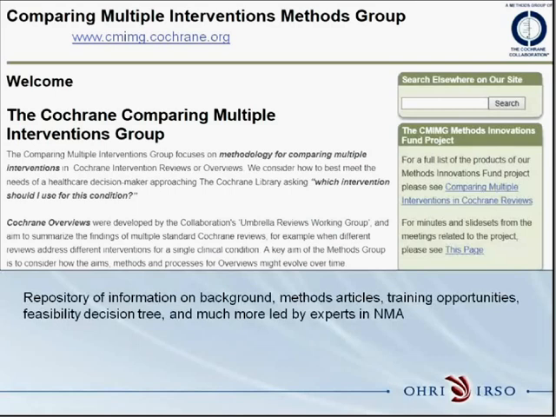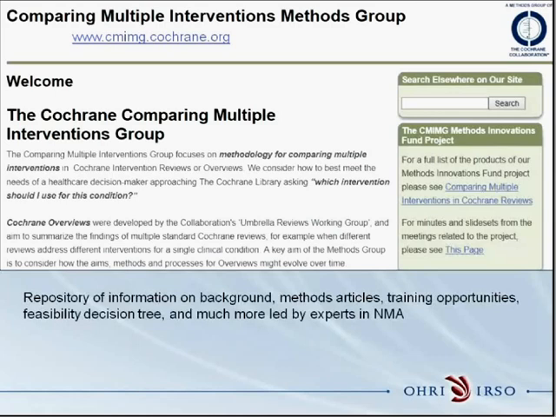There's a lot of information giving background on what indirect comparisons and network meta-analysis is all about. Several folks there maintain a very comprehensive database about emerging methods publications, so if you'd like to be up to date on the most recent papers, it's a good place to look. They keep a well-updated list of training opportunities, and I'll mention a few of those at the end of today's sessions.